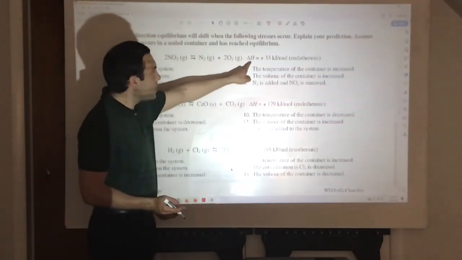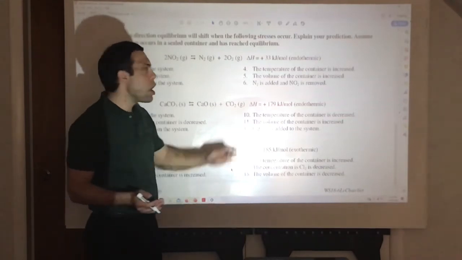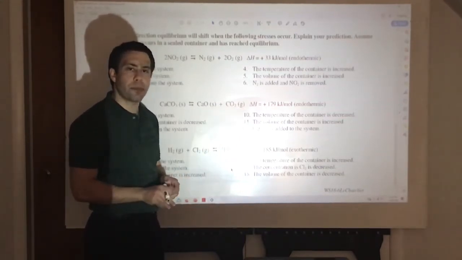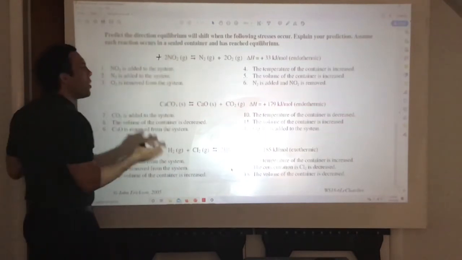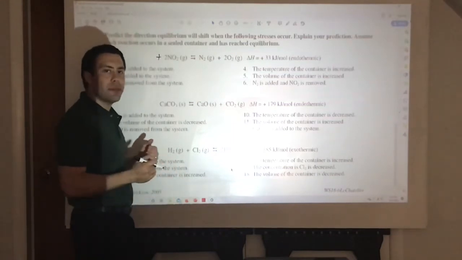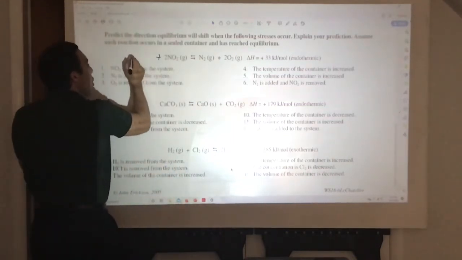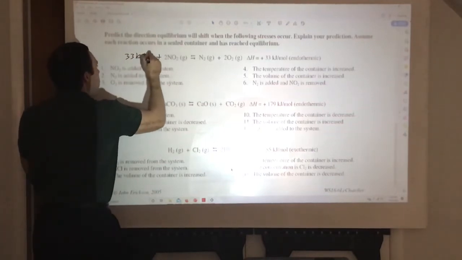It also tells us the delta H is a positive 33 kilojoules per mole, which is an endothermic reaction. Well, I'm going to put the energy, the heat, on the left side because it is an endothermic reaction. Heat is being taken in. So it goes on the reactant side, 33 kilojoules per mole.